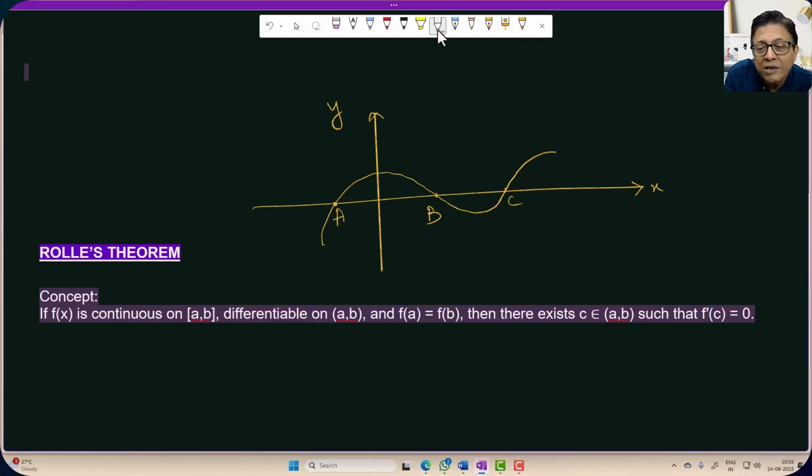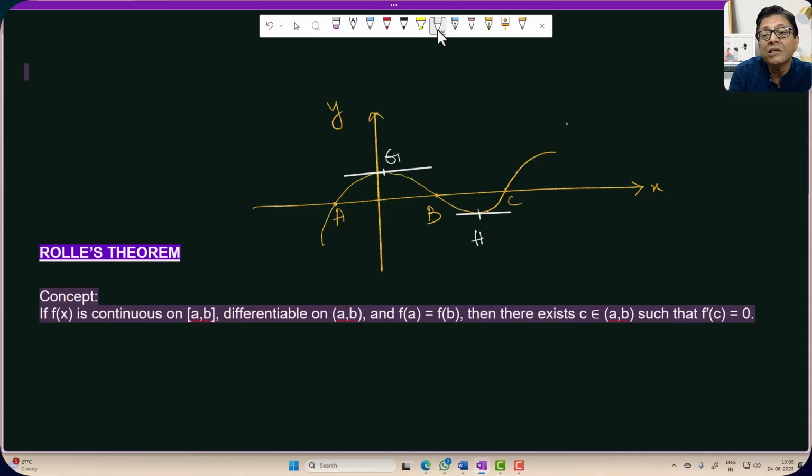Now, just a little bit of imagination. Will you be able to draw a tangent to the curve here? Yes, you can do it. At these points, G and H, you can draw the tangents. But these tangents you have drawn are parallel to the x-axis.